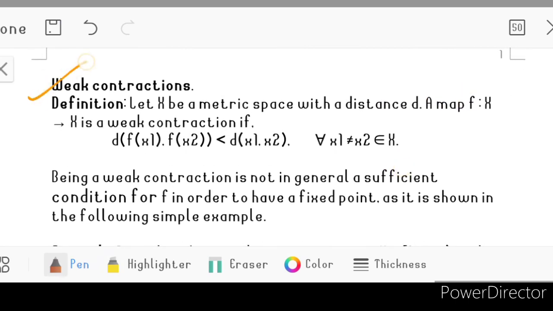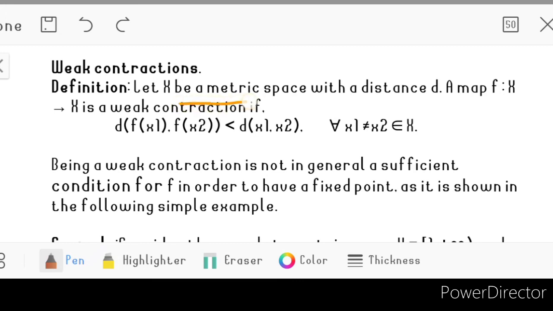Now the next definition is of weak contraction. Let X be a metric space with a distance D, and a map f from X to X is a weak contraction if the distance between the images is less than the distance between the points, and the elements x1 and x2 must be unequal, meaning we are taking two distinct elements.